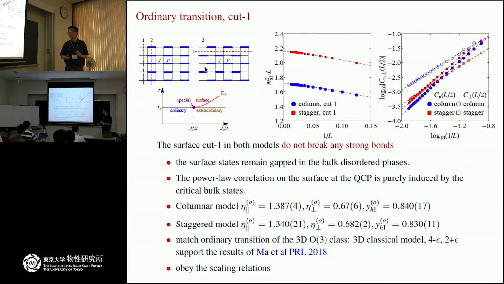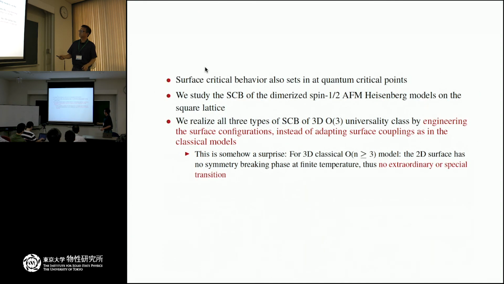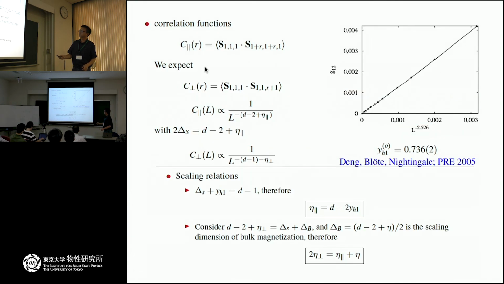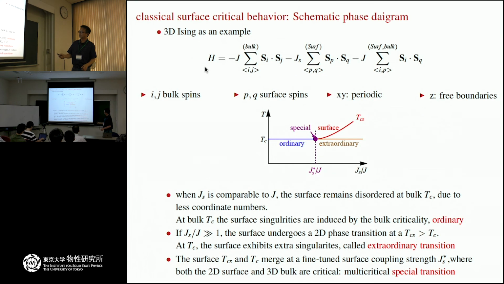The different thing is that we didn't adapt this coupling in the surface. We just simply cut the system, like engineering, right? This is different from the classical model, where you need to adjust or adapt this JS.